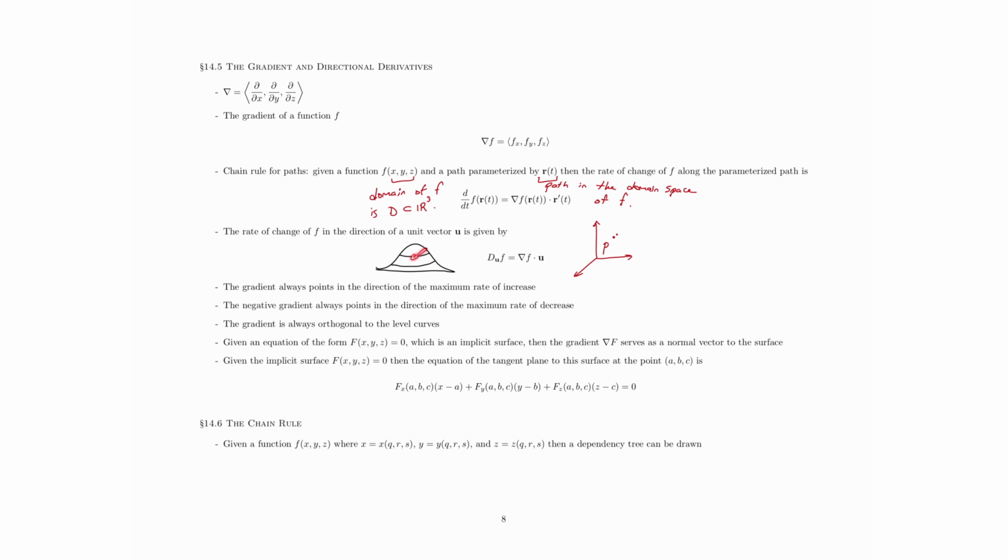If we move in this direction, what's the rate of change? If we say this is our unit vector u right here, this will report back something that has to do with the slope and the curvature of the actual topography of the landscape, the actual hillside. Is it very steep?